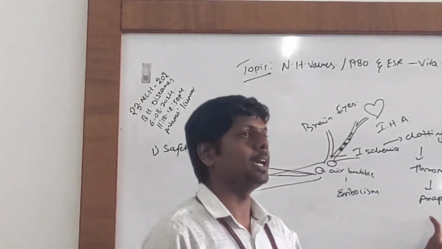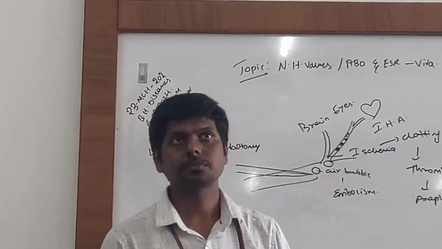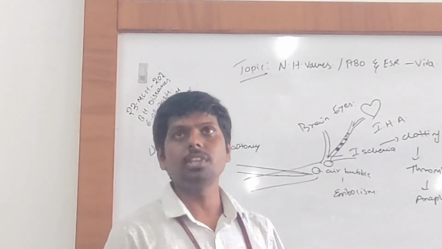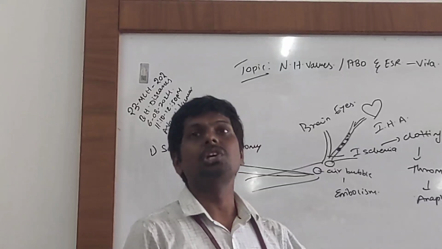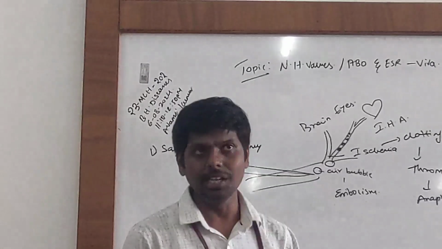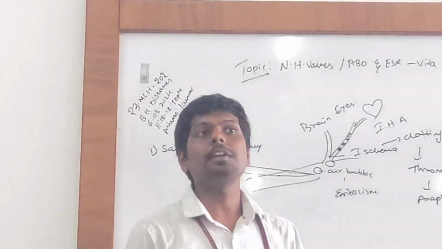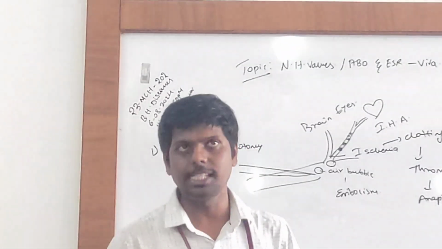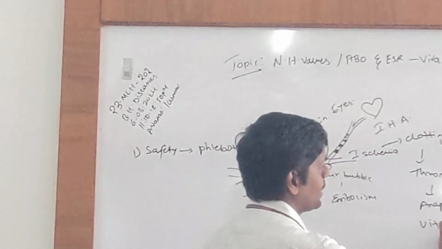Within 10 minutes, this patient might die if it triggered the anaphylactic shock. Some of the signs and symptoms of anaphylactic shock are severe shivering, then lack of breathing, unresponsiveness, the patient won't respond, and his vitals will collapse.